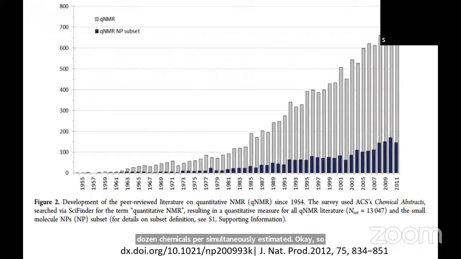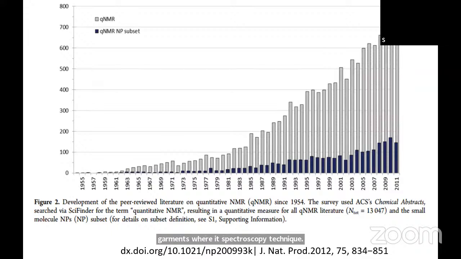So with the entry of NMR, as we all agree, the pace at which chemistry related research works are happening has increased significantly. So qNMR is not the latest technique, but it is one of the oldest techniques that we have, because it is after all an absorbance based spectroscopy technique. So research is going on.